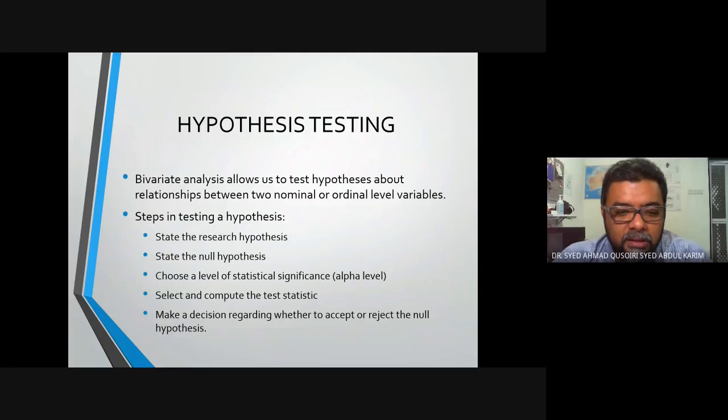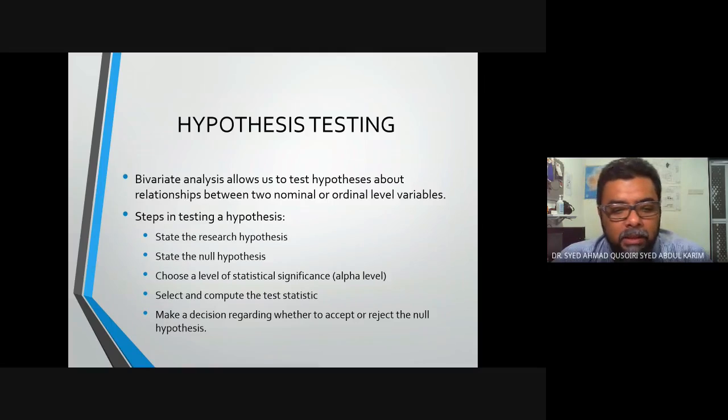Then choose a level of statistical significance, or the alpha level that you're going to use. Is it 98 or 95%? Then select and compute the test statistic, and make a decision regarding whether to accept or reject the null hypothesis. There is a tradition in research that it's easier to prove the null hypothesis is true rather than trying to prove that the research hypothesis is true.